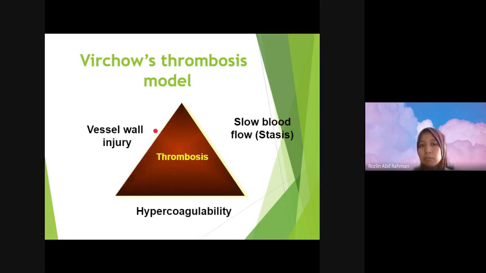Okay, it's the most important factor. Injury to the vascular wall can affect the blood flow and also can affect your coagulable state. Okay, abnormal blood flow can in turn cause endothelial injury. Okay, so tiga-tiga ni dia berkait.